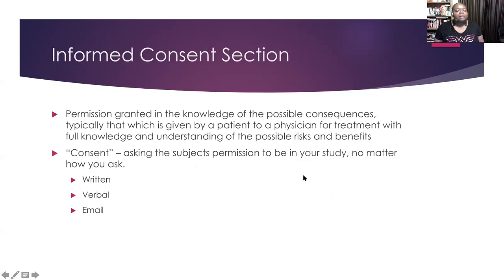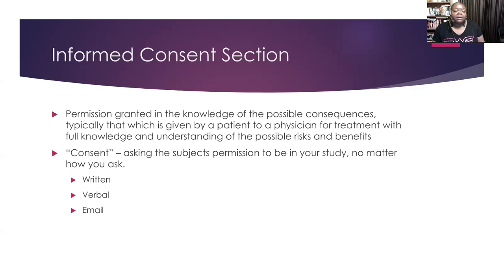The third section that I focused on was the informed consent section. The informed consent section basically grants permission for the participant. It allows them to have all knowledge about the project and any possible consequences.